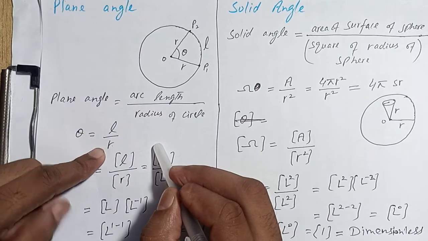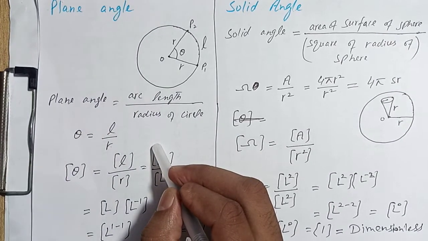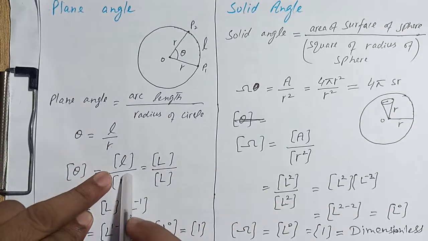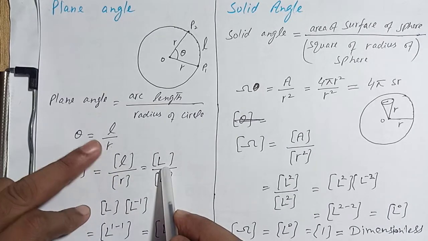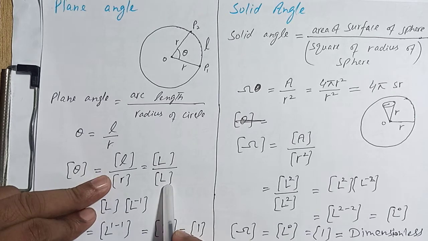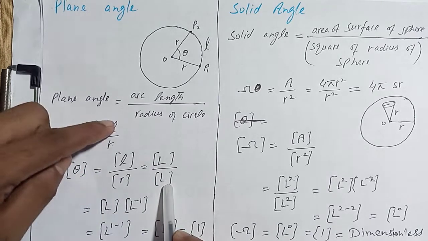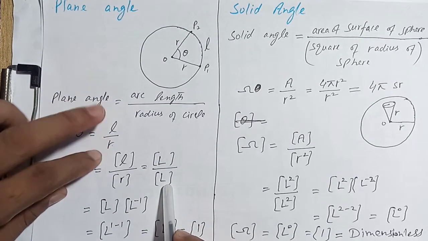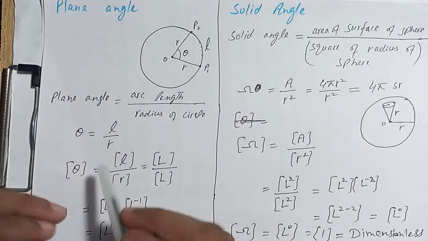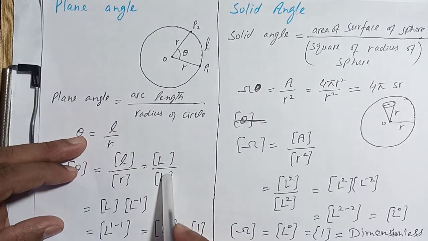Length and radius are quantities of the same nature, measured in the same unit, that is meters. So the dimension of length is capital L, and radius is also length, so its dimension is also capital L. These two quantities have different names, but basically they are the same quantity, length, and have the same dimensions.